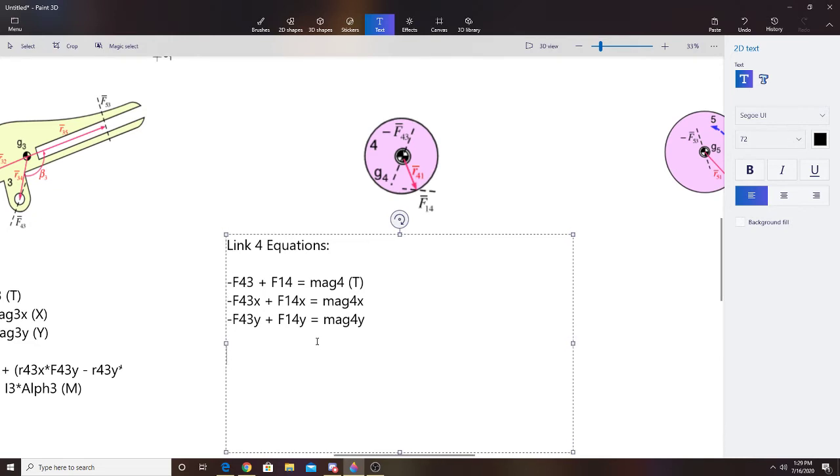But at any rate, what that means is that we now have to do only F14 in the moment.